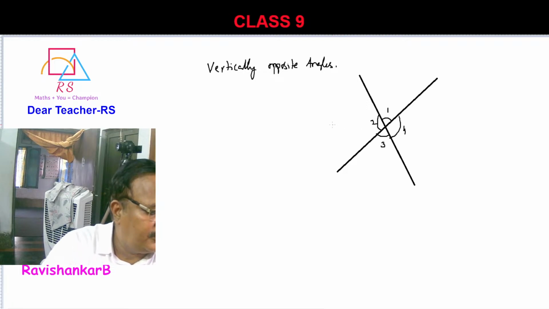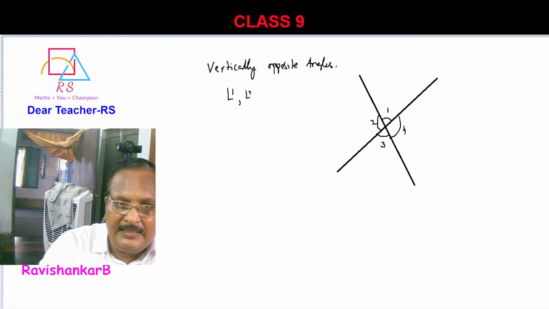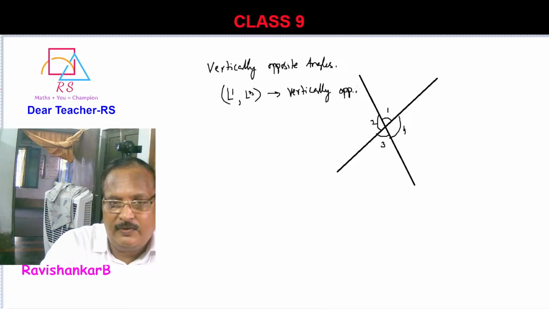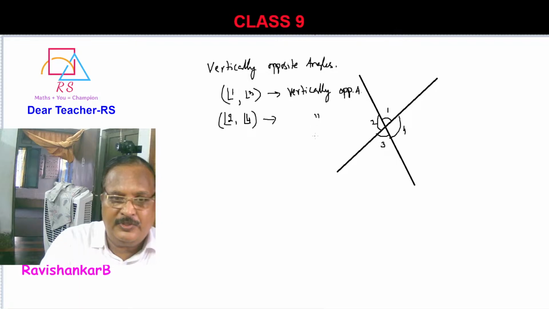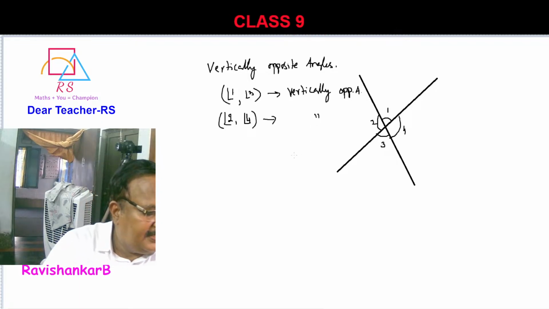Then angle 1 and angle 3 are opposite to each other and they are vertically opposite, so we call them vertically opposite angles. There is another pair, angle 2 and angle 4, also a pair of vertically opposite angles.